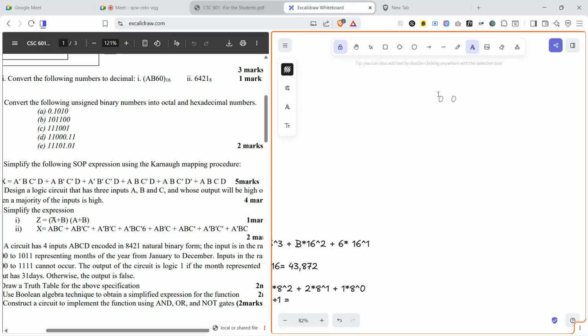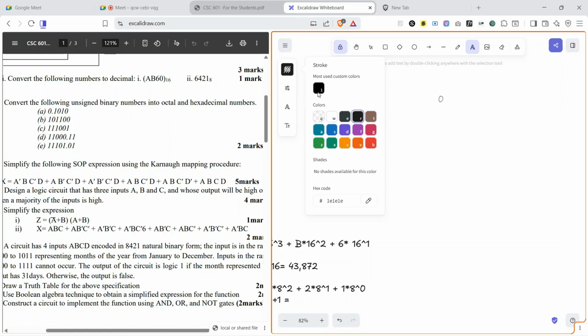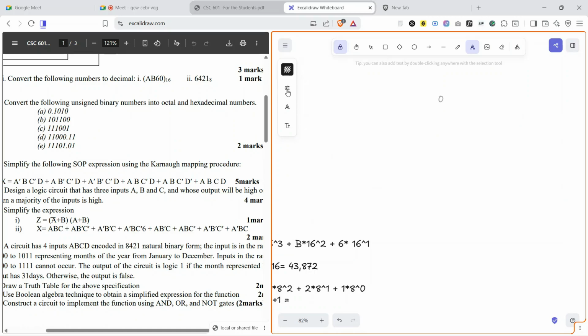So 0 is 0. 1 is 1. 2 is represented as 1 0 in binary. 3 is 1 1.